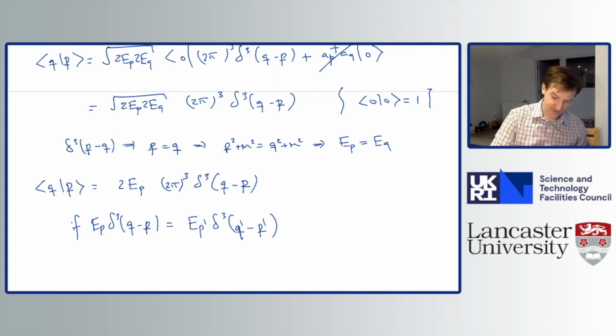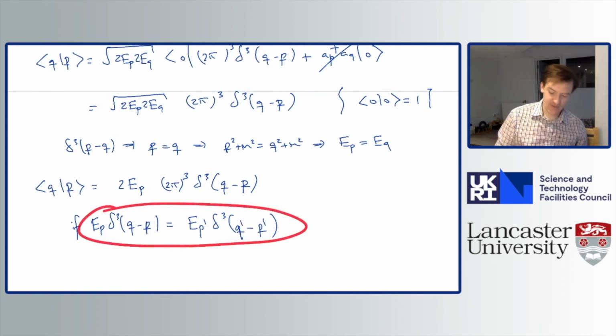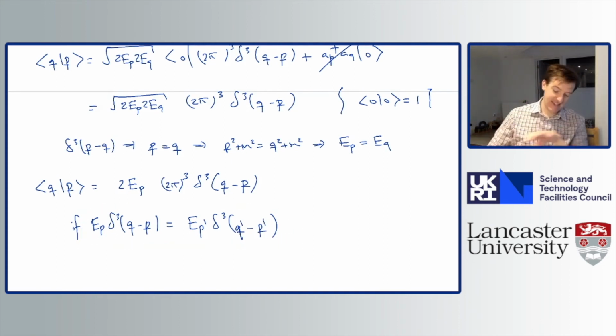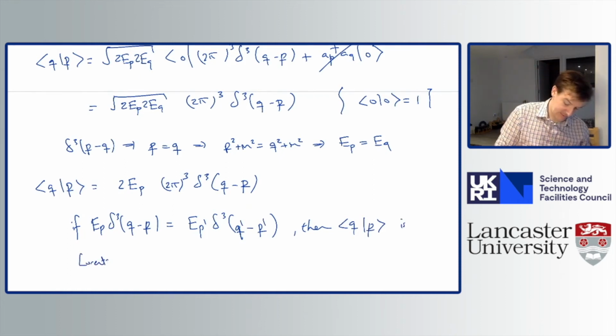As long as we find that this holds, so that the Lorentz transformed quantity takes the same form as the untransformed version, then this ⟨q|p⟩ bracket is Lorentz invariant.